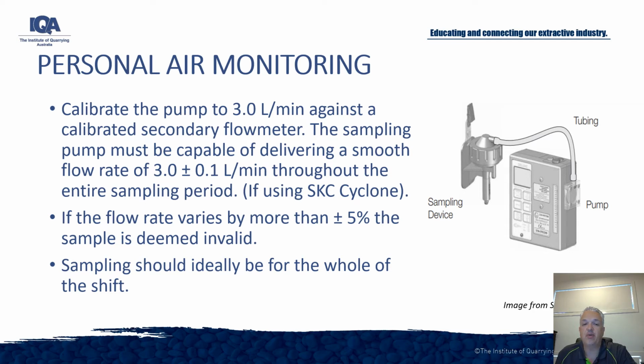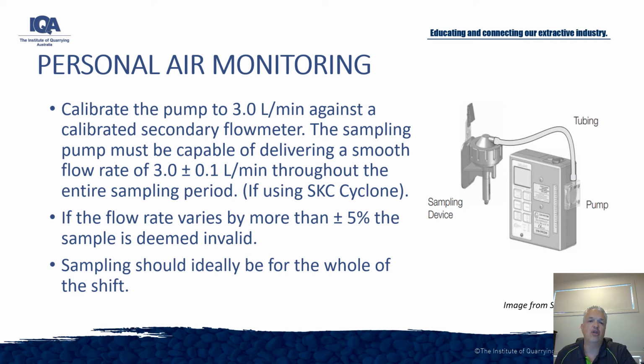Ideally, sampling should be for the whole of shift. We want to see all the activities for that shift to make sure that we're getting an accurate representation of what the person's actually done over that work day. There's several different types of cyclones you can use for testing respirable dust and respirable crystalline silica.